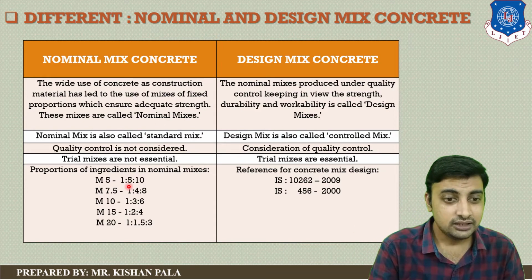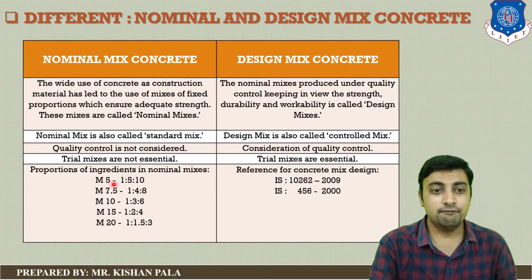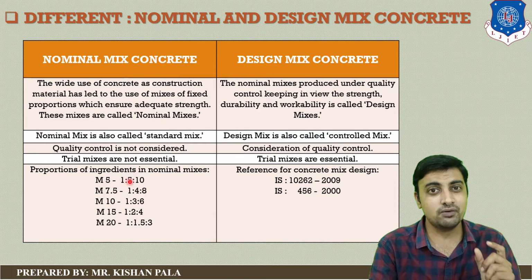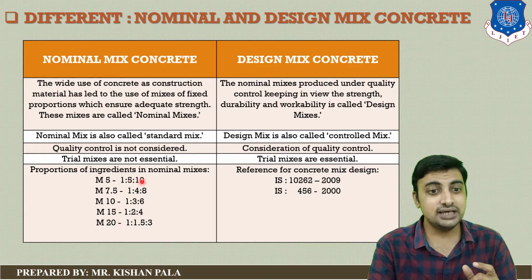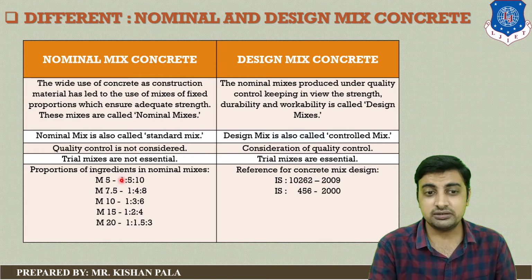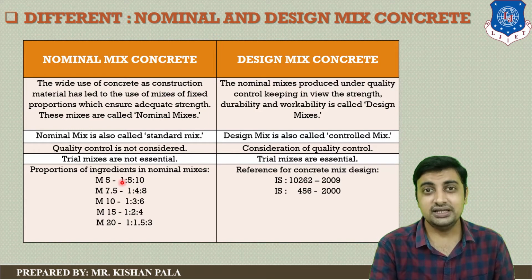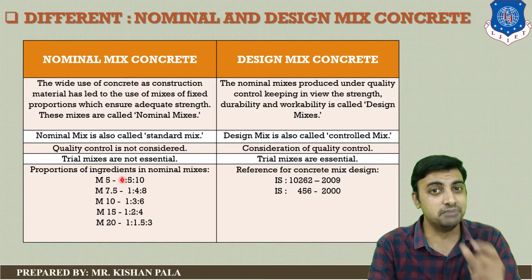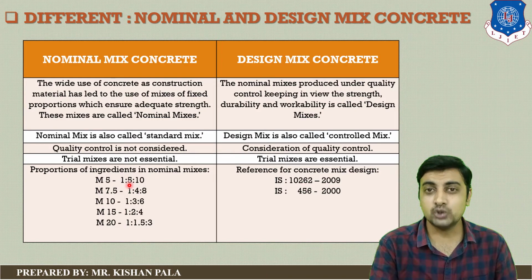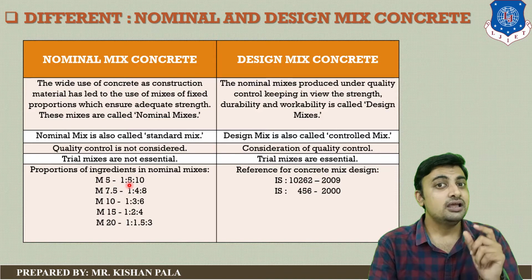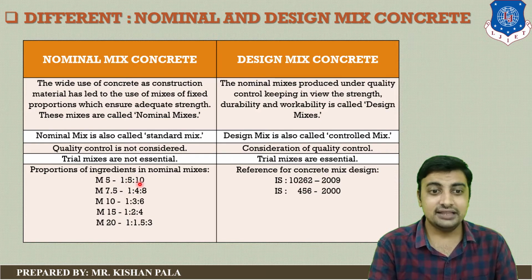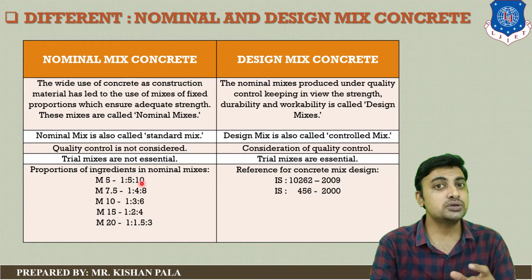You can see M5, it means 1 : 5 : 10. What about 1, what about 5 and what about 10? These are the proportions. The first part, 1, indicates the cement, 5 shows the fine aggregate and 10 shows the coarse aggregate.